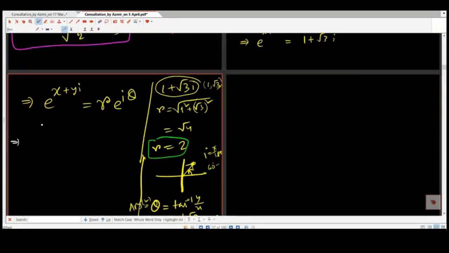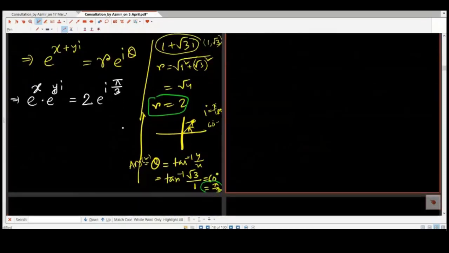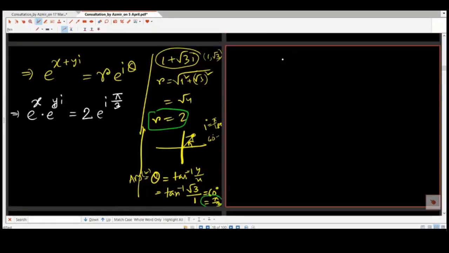So in the left side, we can use the property e to the x times e to the yi. On the right side, we can input the value of r and theta. So remember one thing, that argument equals principal argument plus 2n pi.